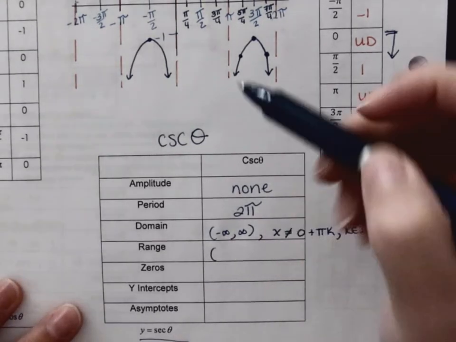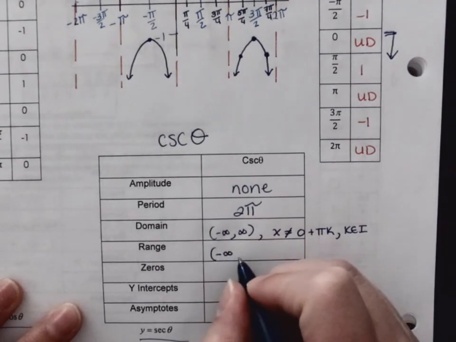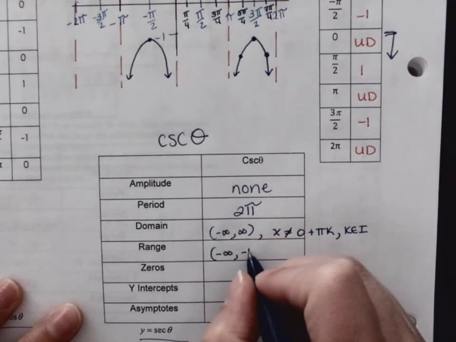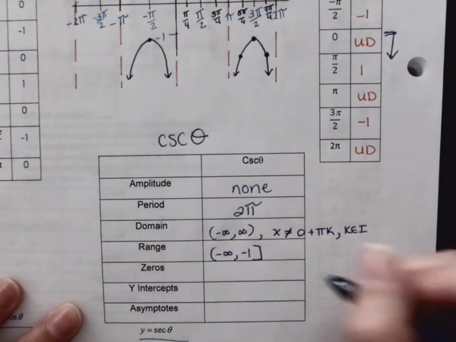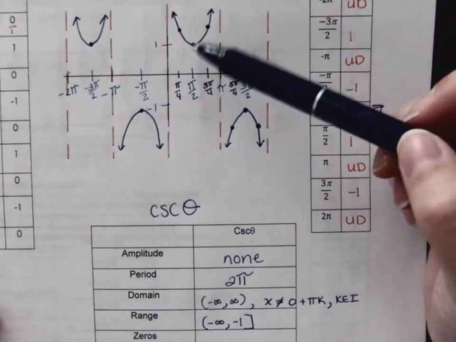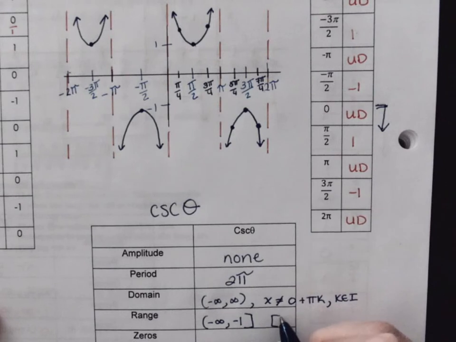Let's talk about the lower part of it. Negative infinity to -1, inclusive or not inclusive? Inclusive. And then let's talk about the upper part. Where does it start? 1. And goes to? Inclusive of 1 all the way to infinity.